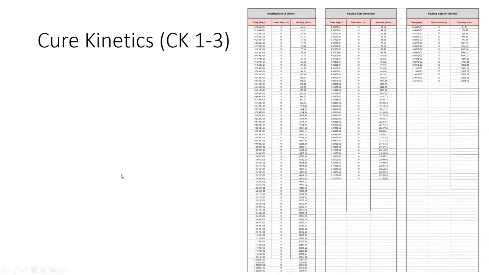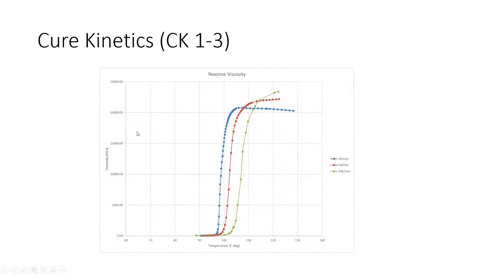If you take this data and plot it, this is what we see: the viscosity with temperature, and the three curves for the 2, 5, and 10K temperature increase per minute range. Now, in the inputs with many software packages, you really have to put everything on a basis of state of cure, or cure degree.